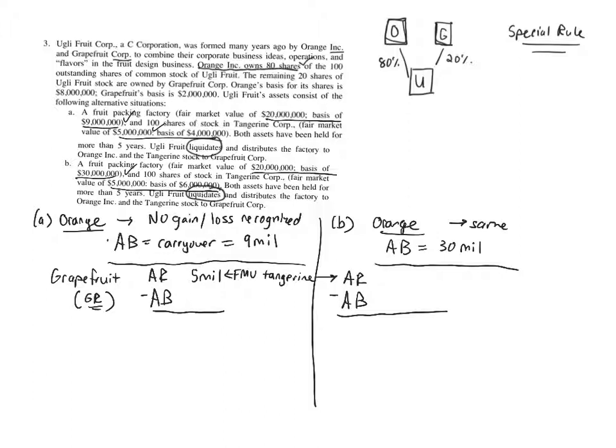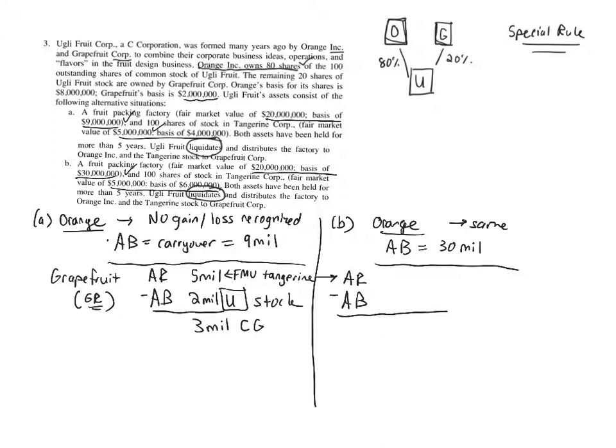The adjusted basis is going to be in Ugly Fruit stock, which we're told grapefruit has a basis of $2 million. $3 million capital gain. We don't know how long grapefruit has held it. Oh, wait. Does it say more than 5 years? No, it doesn't. It's a capital gain. We can't tell if it's long-term or short-term. Most likely going to be long-term capital gain, it looks like.